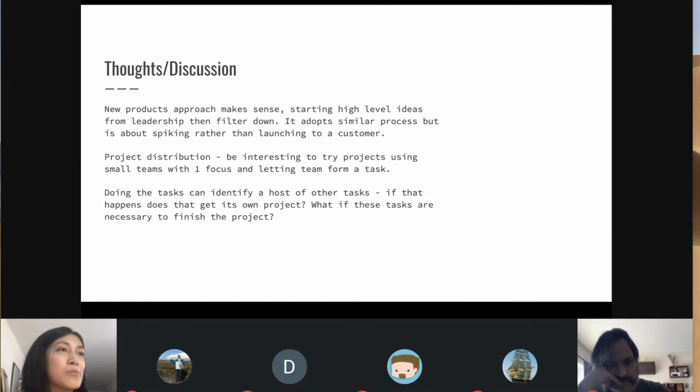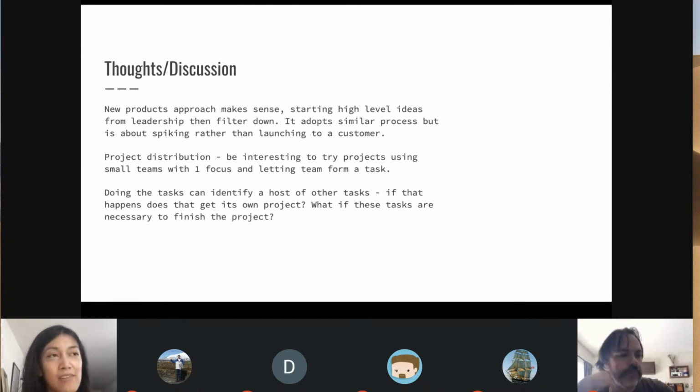We were just talking about this. Sometimes tasks are obvious, sometimes they're not. And so going into that, doing the identified tasks, you can discover a whole host of other tasks. If that happens, does that maybe get its own cycle?